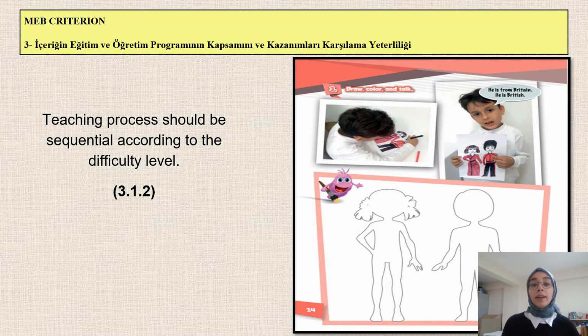But in the activity, students are required to draw people from different nationalities and talk about them. They don't have the information, so it violates this sequential learning criterion.